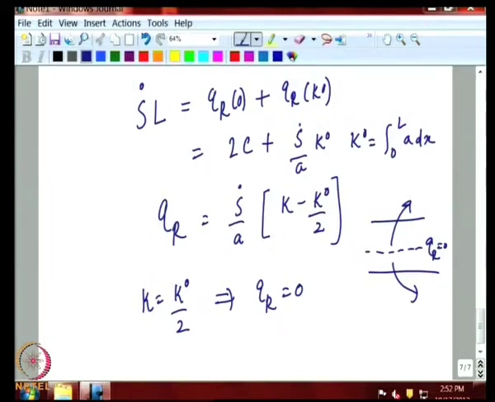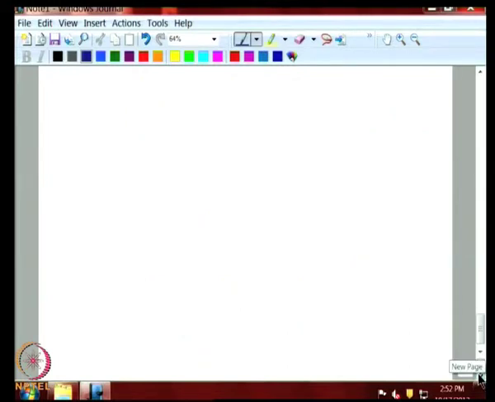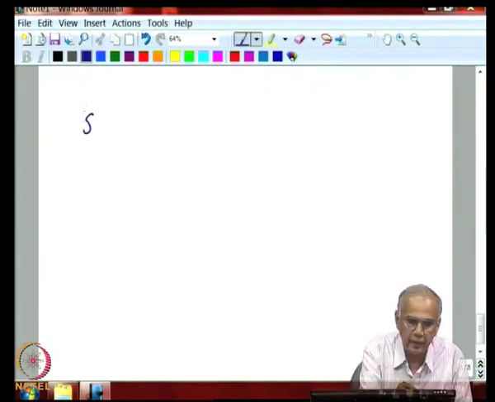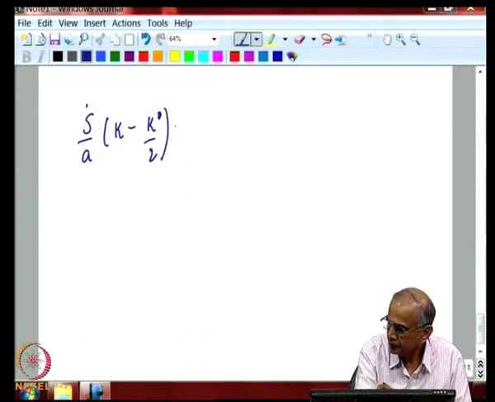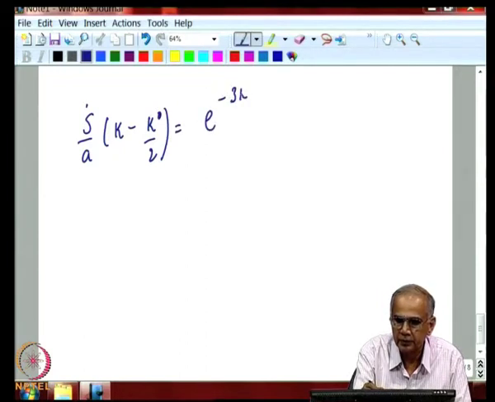Now, we have to solve for the temperature profile. So, our expression for qr is S dot by a into kappa minus kappa 0 by 2. This will be same as what we did in the previous two lectures.